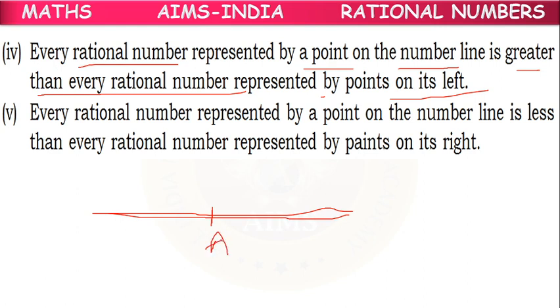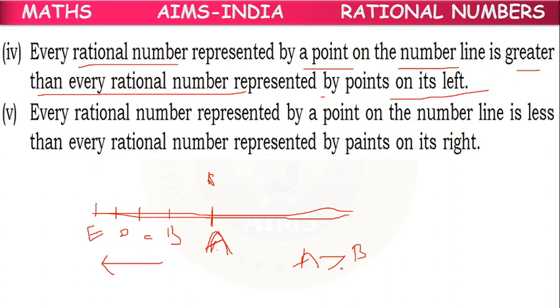With the point A, I am representing a rational number, whose value, suppose, is A. Now what we mean to say is, A value is greater than all the points which are represented to the left of it. B, C, D, E, like that we have so many points to the left of A. So A value is greater than B to the left.